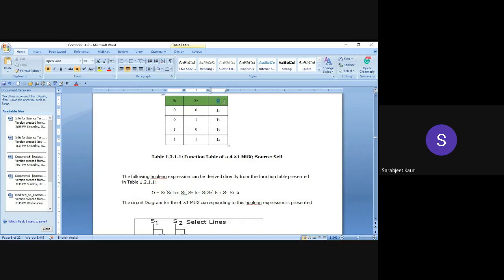Now what do we wish to do next? The next step is to get a Boolean expression for the output variable, right? So for O, we want to get a Boolean expression. We can see that when S1 is equal to 0 and S2 is also equal to 0, but I1 is 1. Now, what do we mean by saying I1 is 1? That means there is some data on this channel which is to be transmitted.